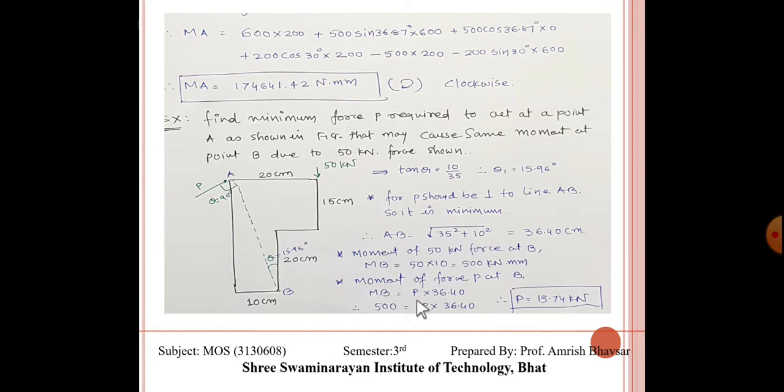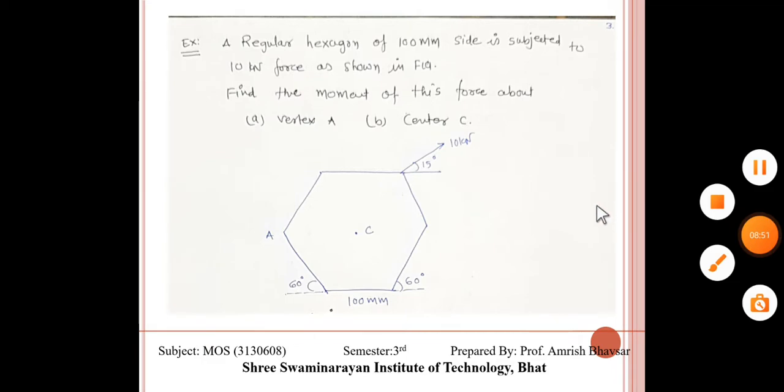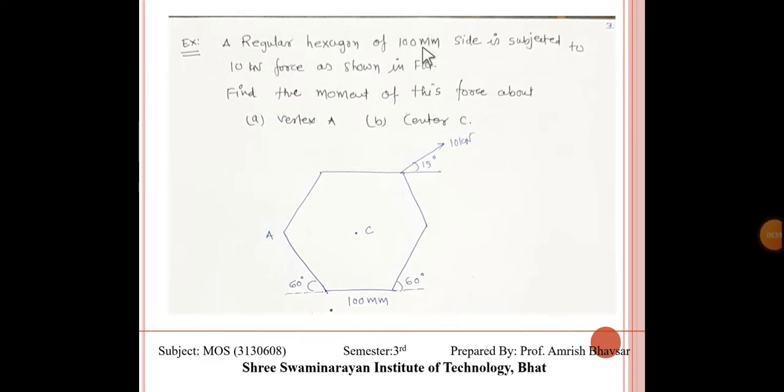So MB is equal to P into 36.40, but MB is equal to 500, so we will get P is equal to 13.74 kilonewton. Clear?